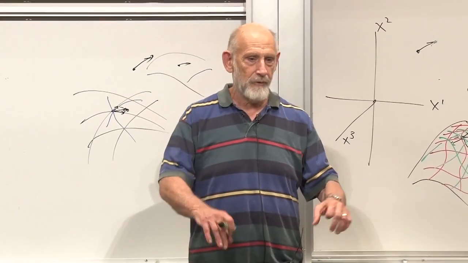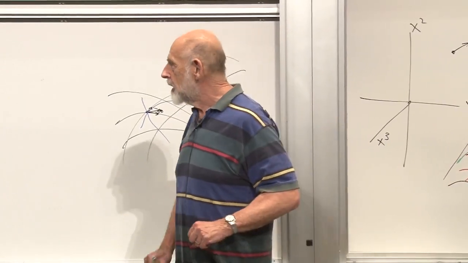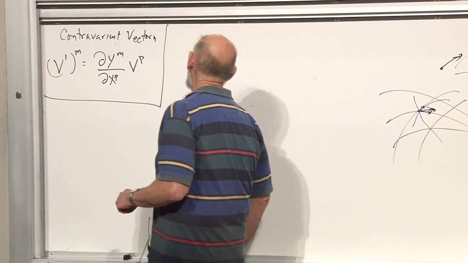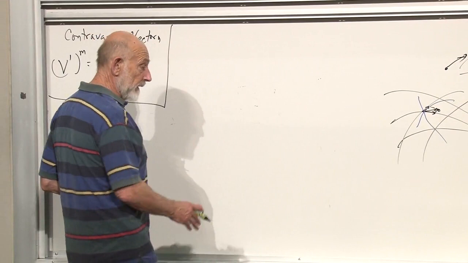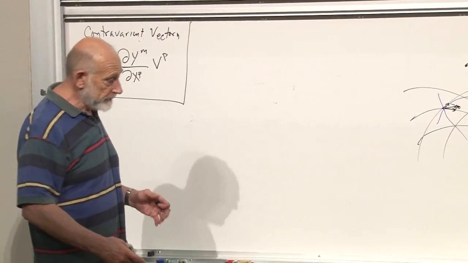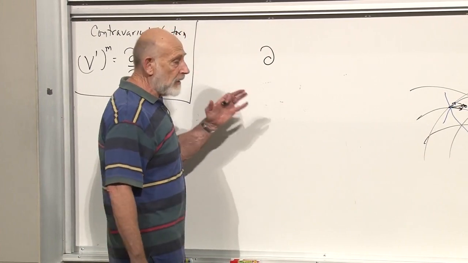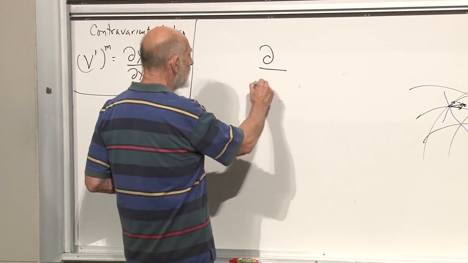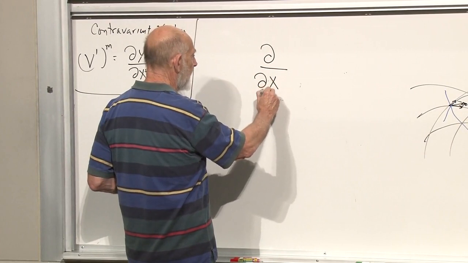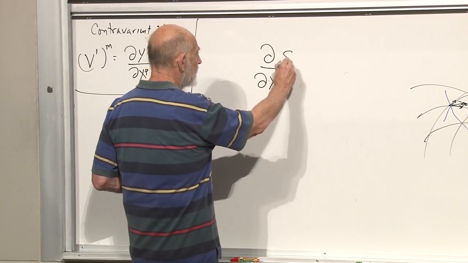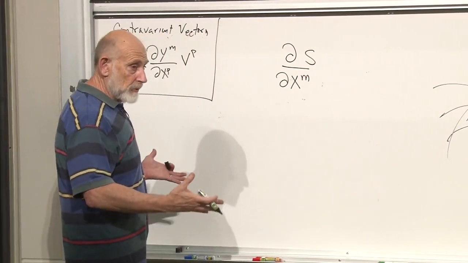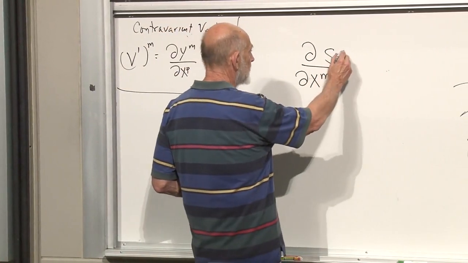It just has some meaningful value at every point of space. Let's call it S. Then the gradient is also a kind of vector. What is the gradient? The gradient is the set of components, the derivative with respect to x^m of S, where S is some scalar function.